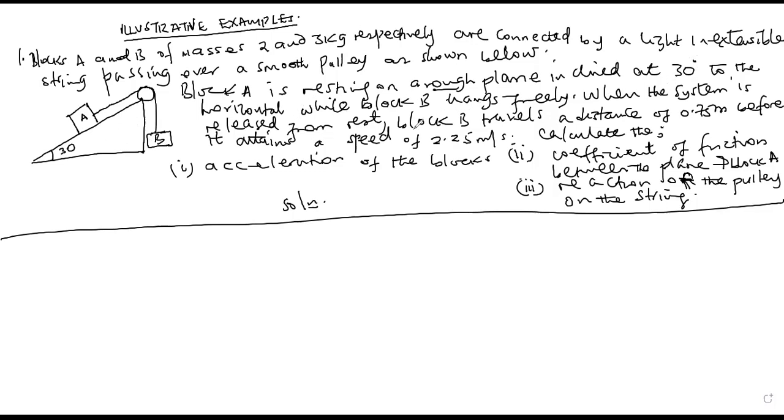When the system is released from rest, block B travels a distance of 0.75 meters before it attains the speed of 2.25 meters per second. So they want us to calculate the acceleration of the blocks, but we may need to redraw this so that we clearly indicate all the forces.